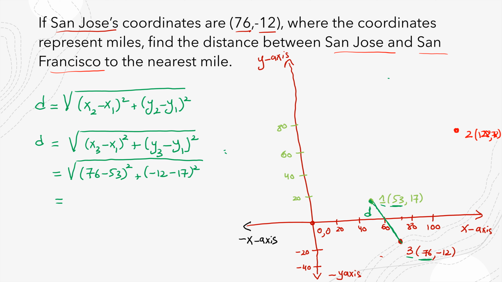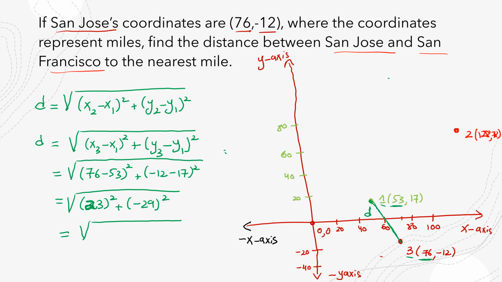Further simplifying, it will become 23 square plus -29 square.